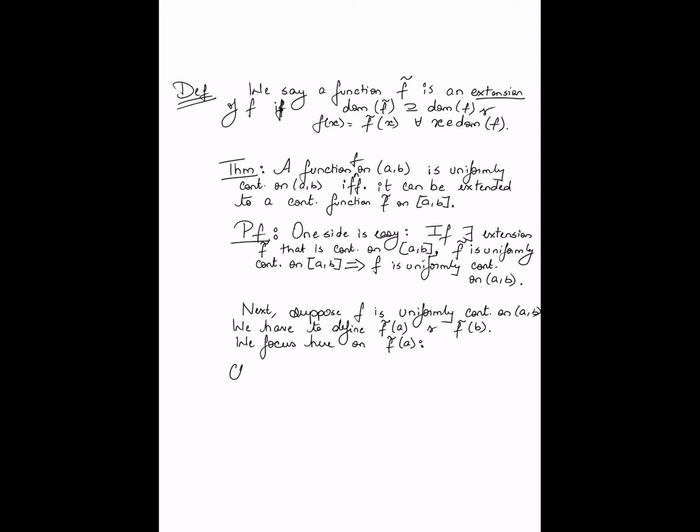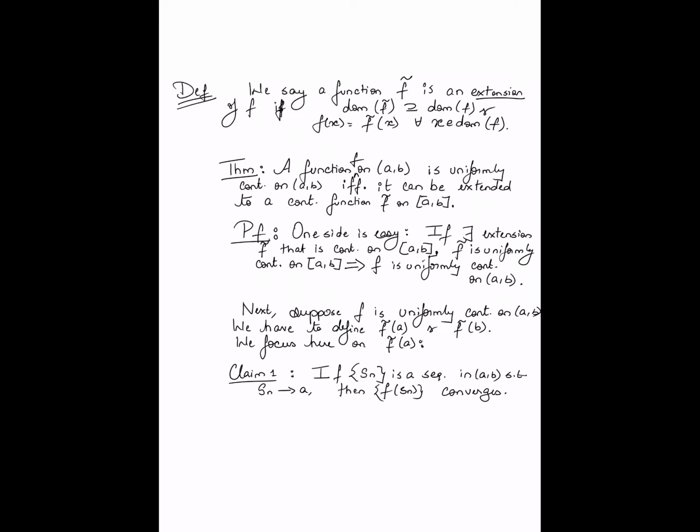So the first claim is the following. If say a sequence Sn such that Sn converges to A, then in fact f of Sn also converges.